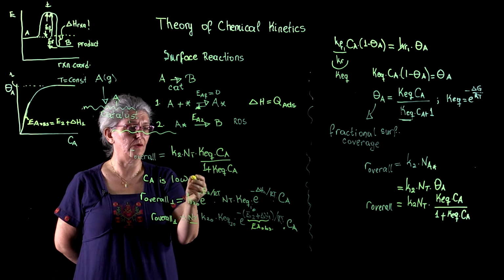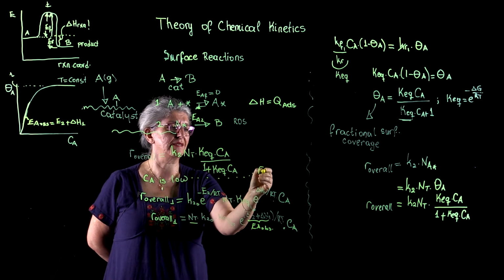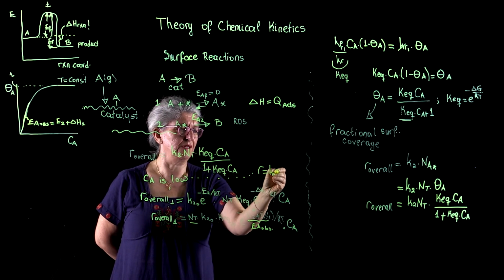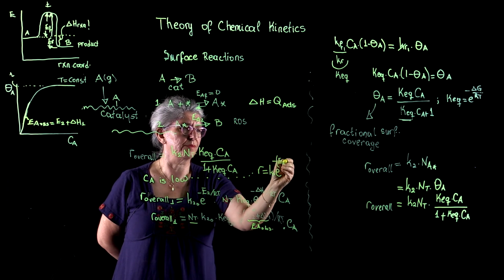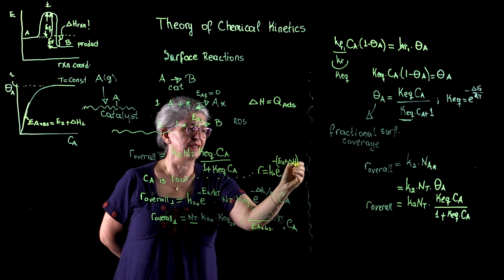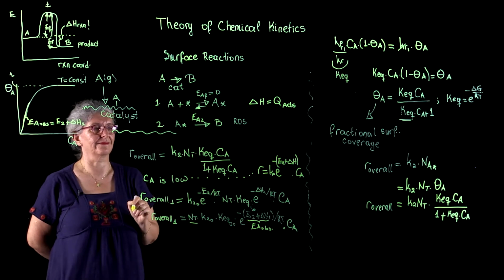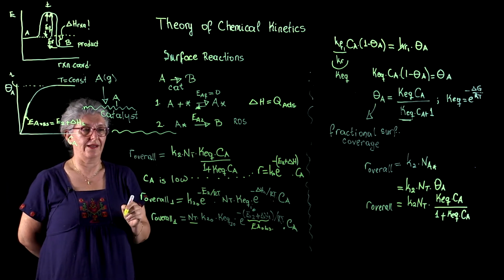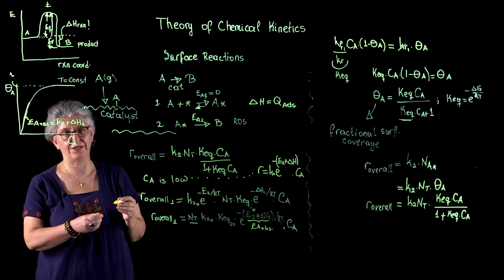For low concentrations, my rate is k0 e to the minus E2 plus delta H times C_A. Then, of course, we have to get for higher concentrations of C_A and compare our estimations.